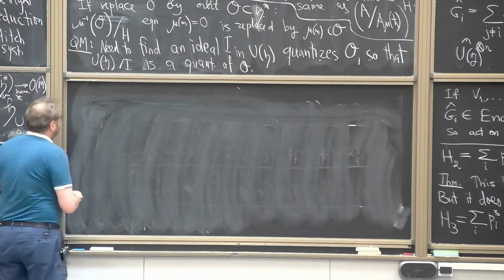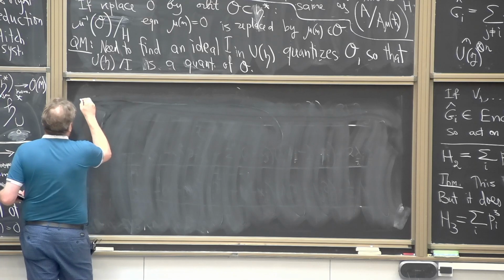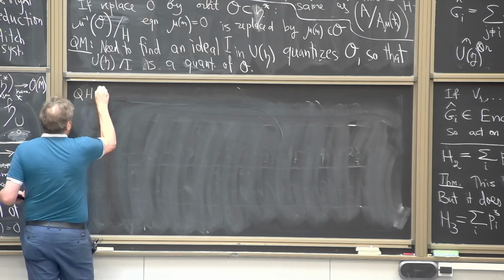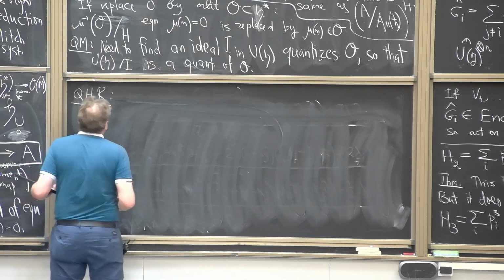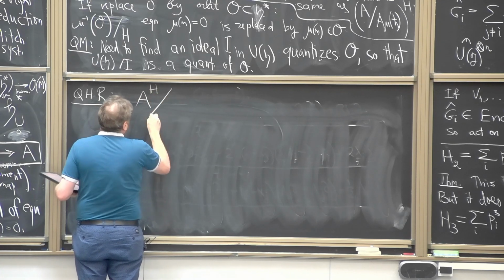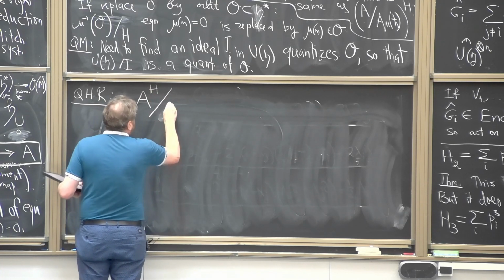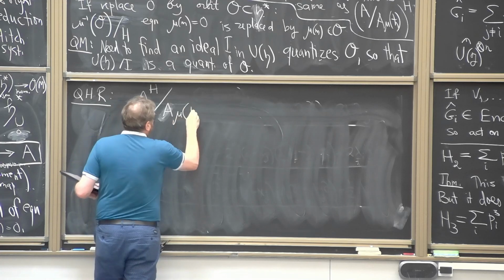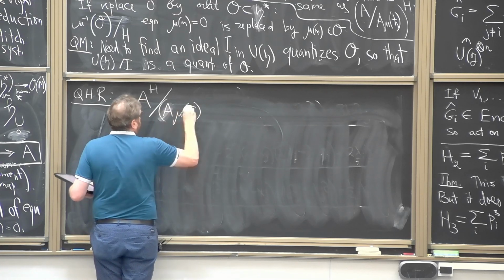And then I need to take quantum Hamiltonian reduction. I take A modulo mu of I times A, H-invariant.